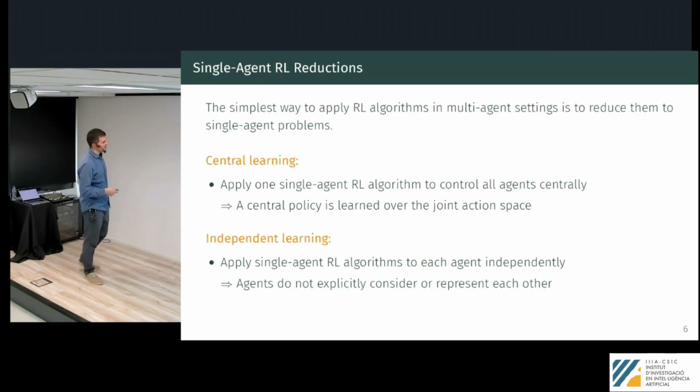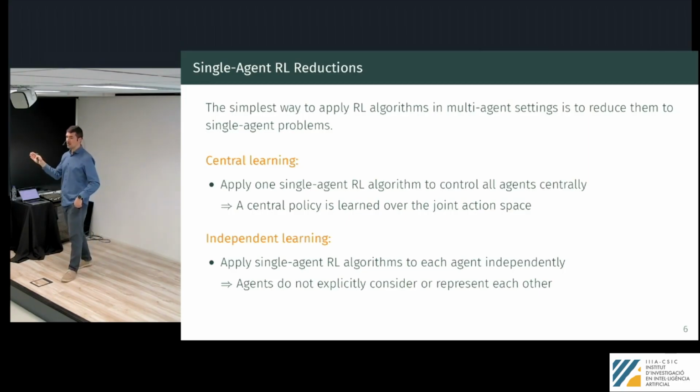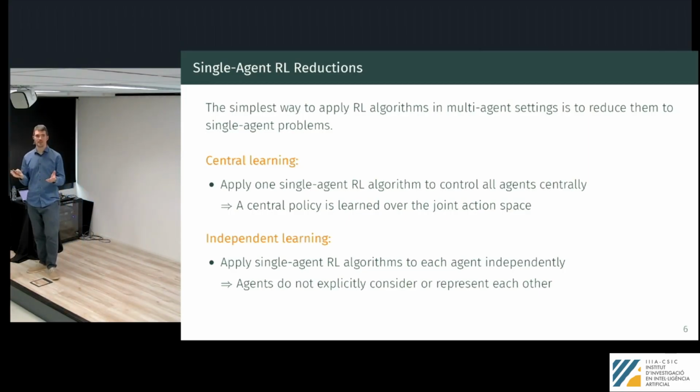The other approach is independent learning. Independent learning means that we apply single agent RL algorithms to each agent independently. So now if there's 5 agents, we have 5 single agent RL algorithms that run concurrently. And they're independent in the sense that they do not explicitly represent or care about each other. They basically view the other agents simply as part of the environment dynamics, or background noise, or whatever it is.